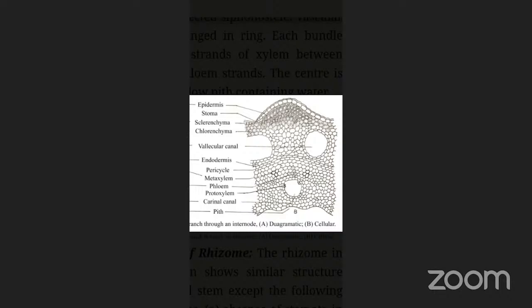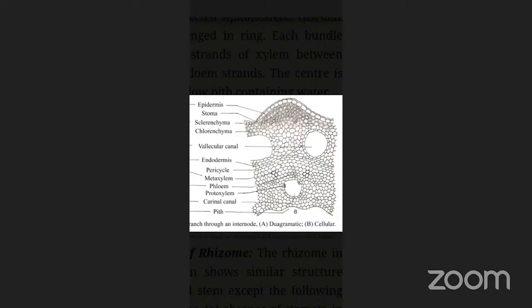Here the cortex is very broad and highly differentiated for the function of photosynthesis and mechanical support also. It is differentiated into hypodermis, middle cortex, and endodermis. The hypodermis is sclerenchymatous tissue which gives mechanical strength to the stem.